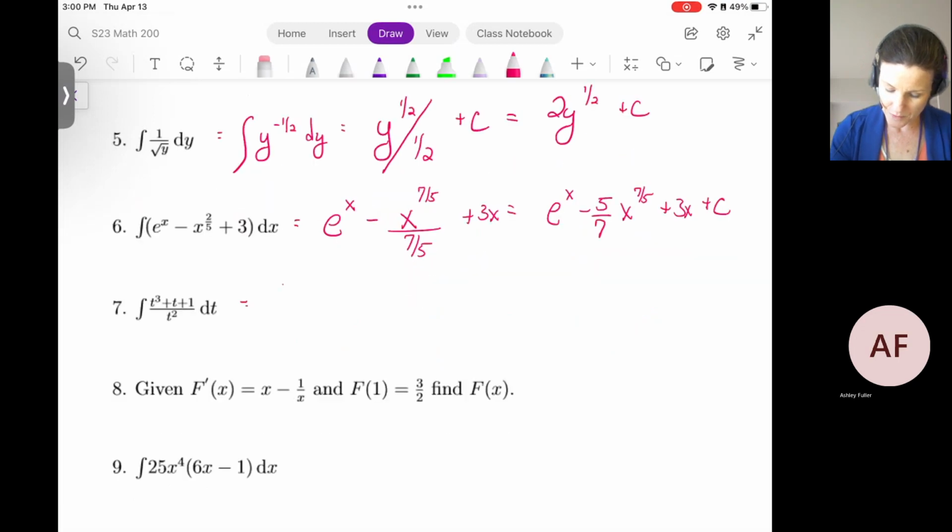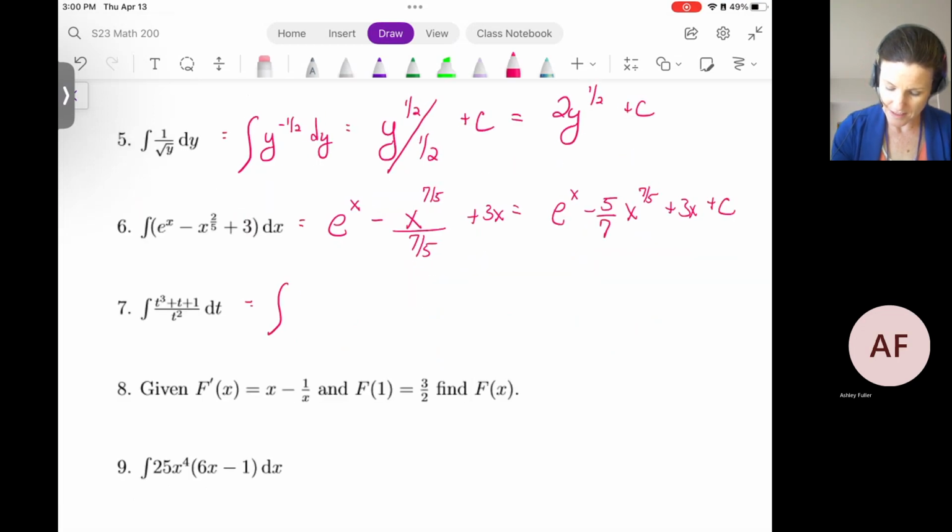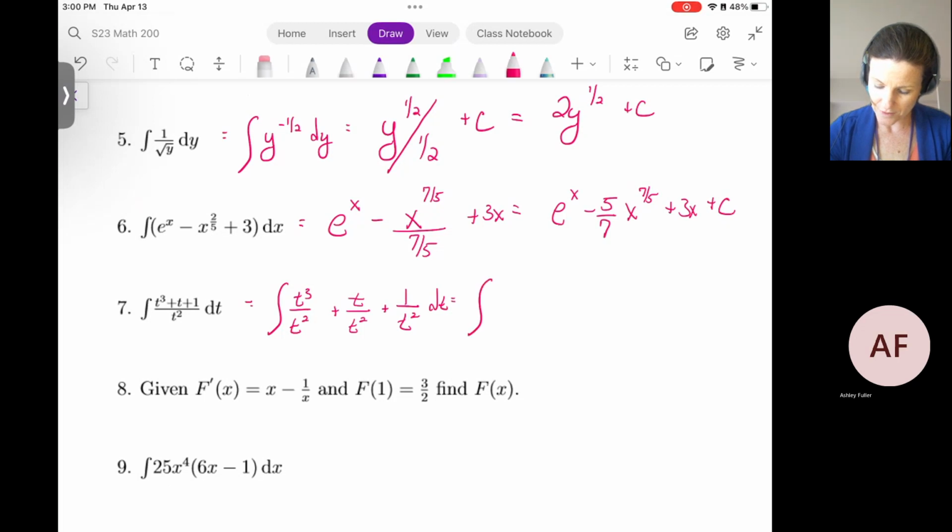Here, if we separate each piece, we end up with t cubed over t squared plus t over t squared plus 1 over t squared dt, and we integrate each of these. But first, if we simplify, we get t plus 1 over t plus t to the negative 2, just to bring it up top.